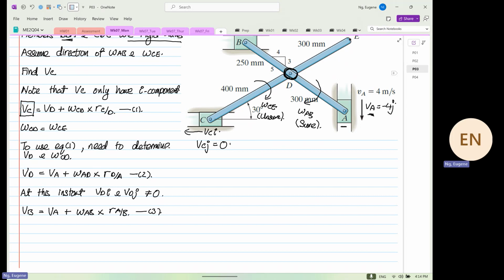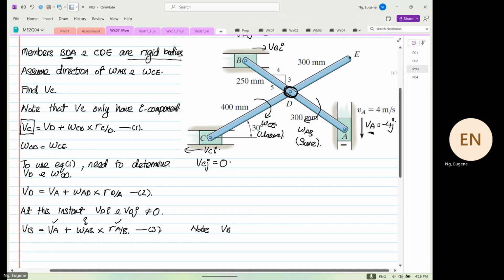So hopefully from equation number 3, the good news about equation number 3 is this. We know this, we don't know this. But what do we know? Note VBJ is equal to what?